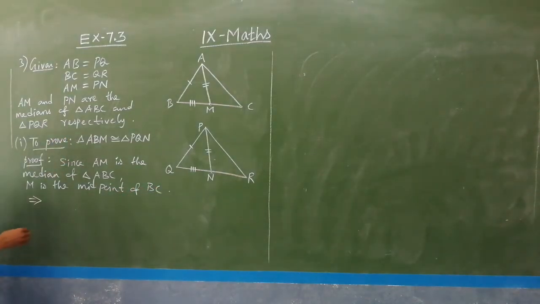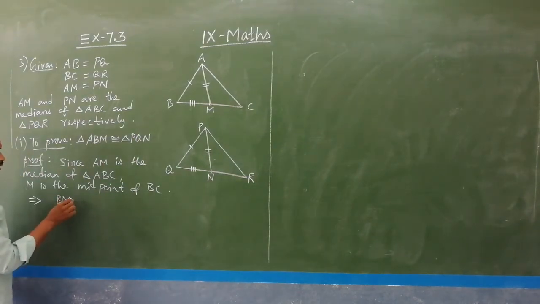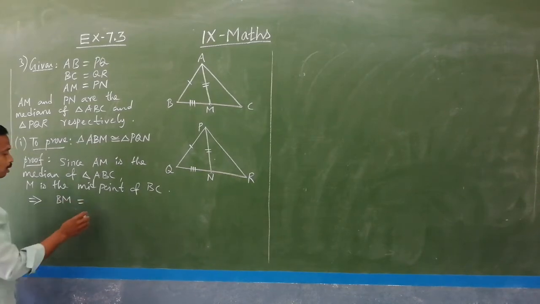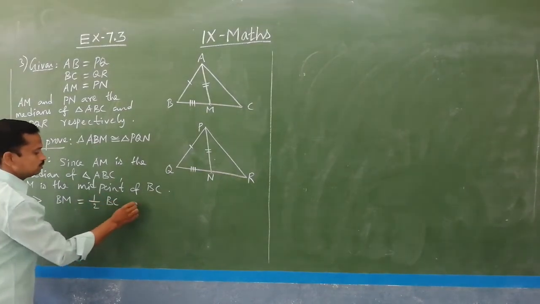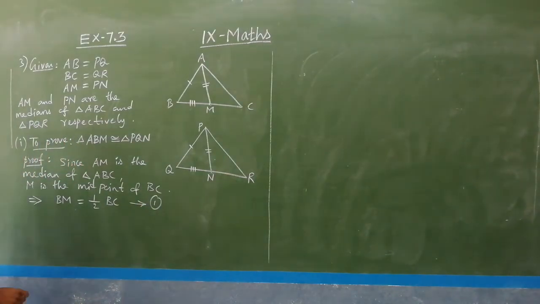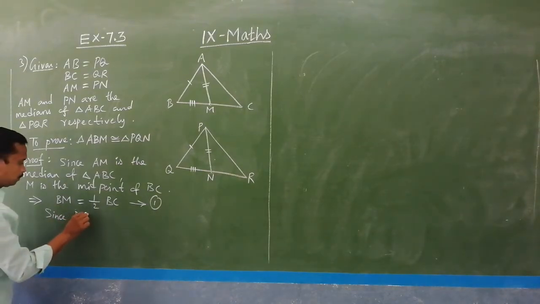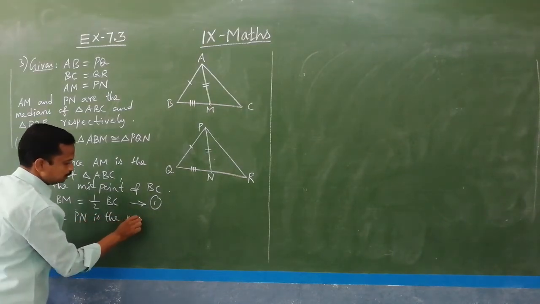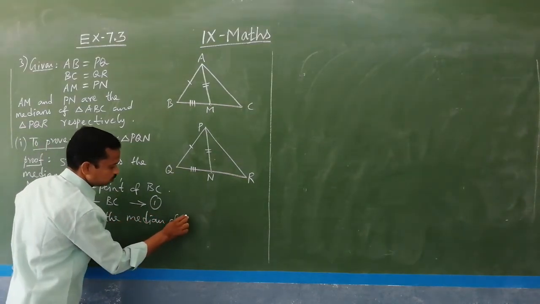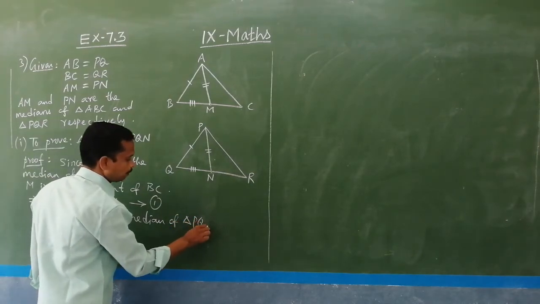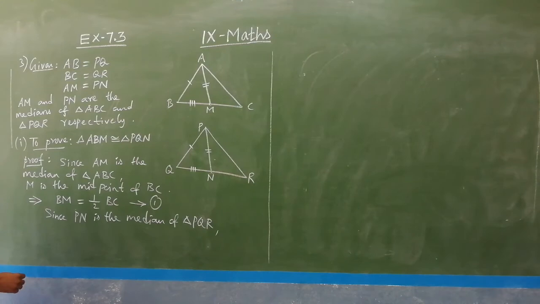This implies BM equals CM, or we can have BM is equal to half of BC. And since PN is the median of triangle PQR, N is the midpoint.